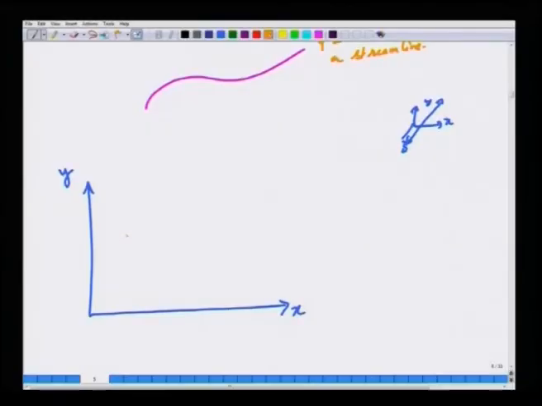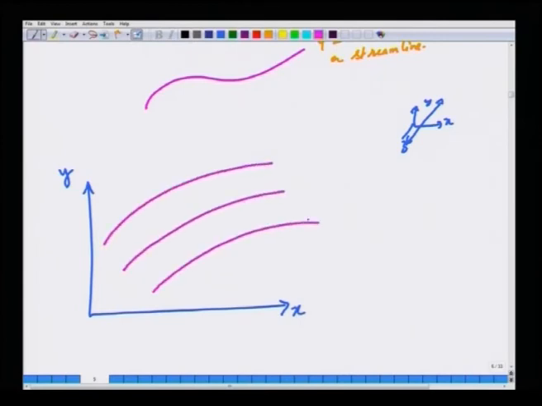So, you have, let us say, 3 streamlines, 1, 2 and 3, and each streamline is denoted by a constant value of stream function, psi 1, psi 2 and psi 3. Now, remember that the flows are 2 dimensional in the sense that there is no variation in the third direction z.